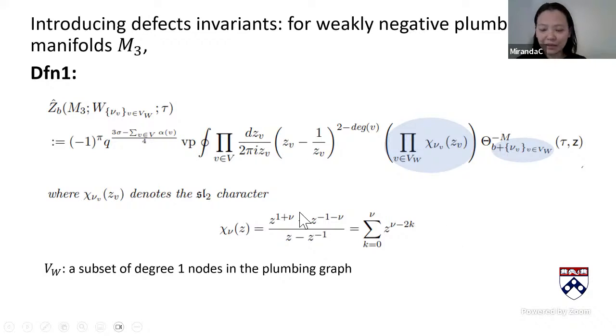Then the character is just this. And I associate such a representation to the nodes in the plumbing graph that lie at the end nodes, so the ends of the tentacles, if you want.